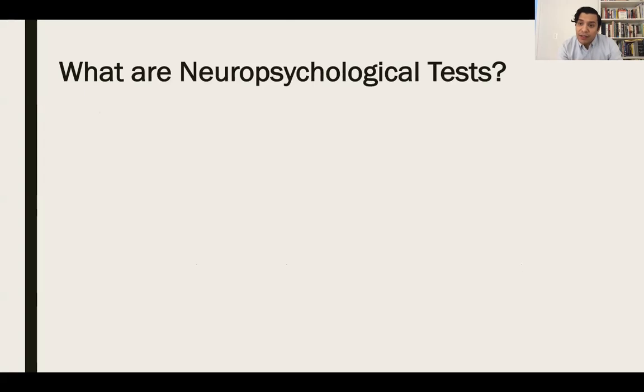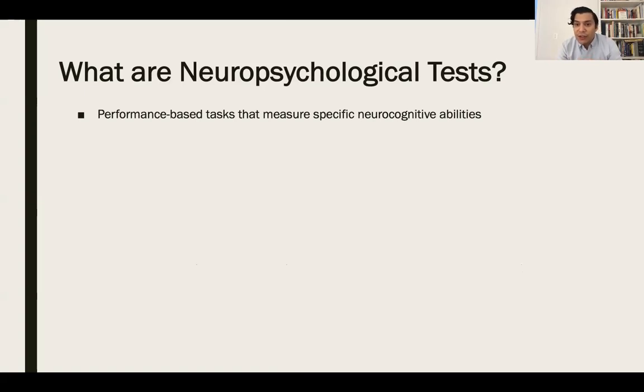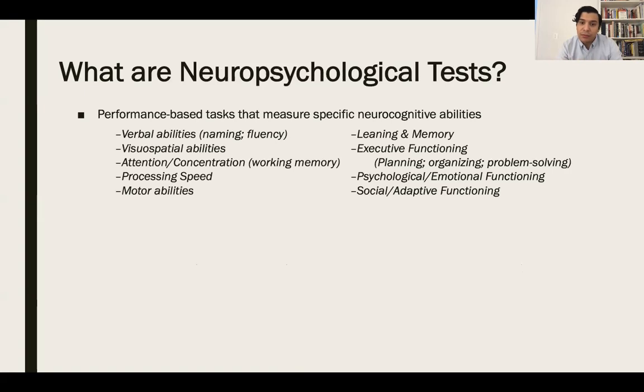So what are neuropsychological tests? Neuropsych tests are performance-based tasks that measure specific neurocognitive abilities. Some common abilities that we measure are verbal abilities, such as naming or fluency, visuospatial abilities, attention and concentration, processing speed, so the speed at which we process visual information, motor abilities, learning and memory, and executive functioning, so planning, organizing, problem solving.